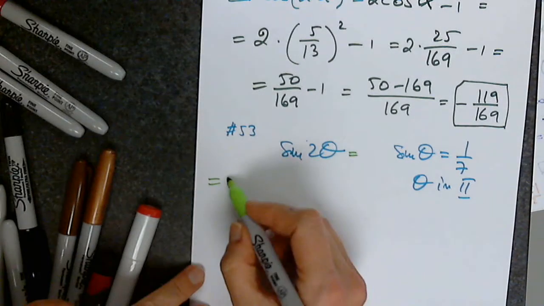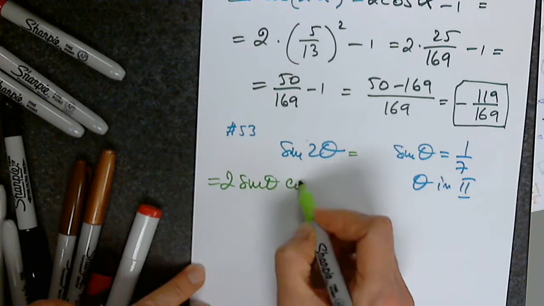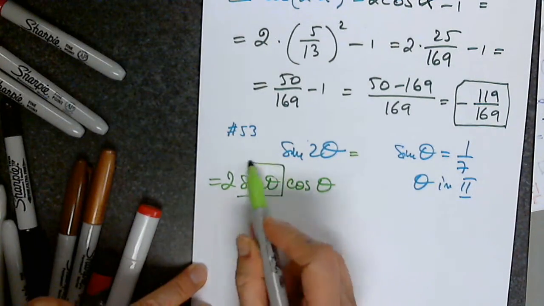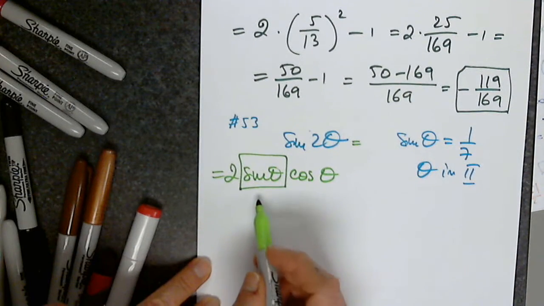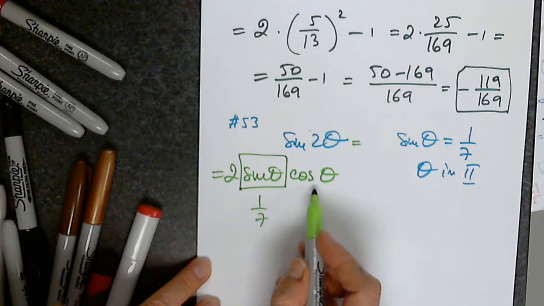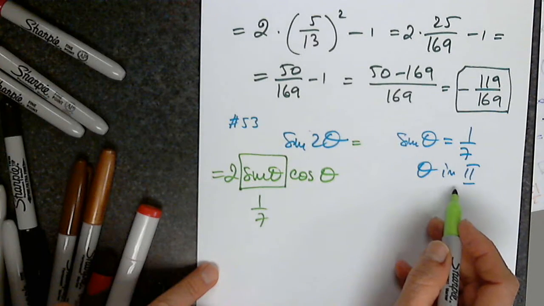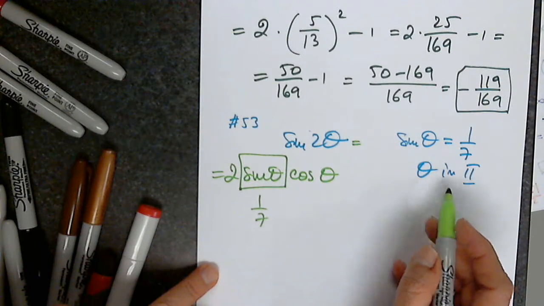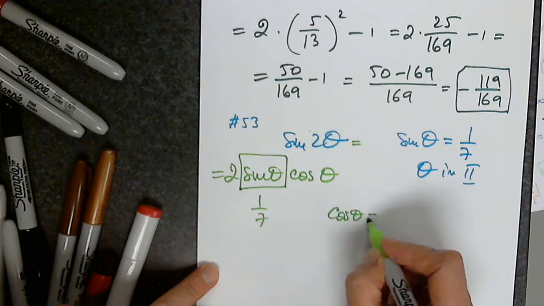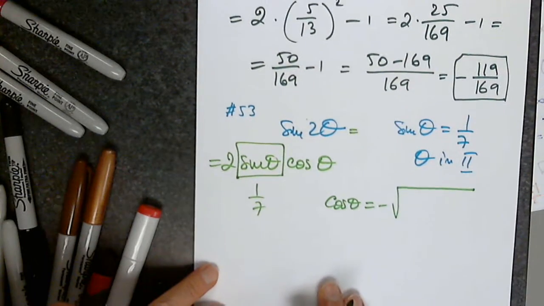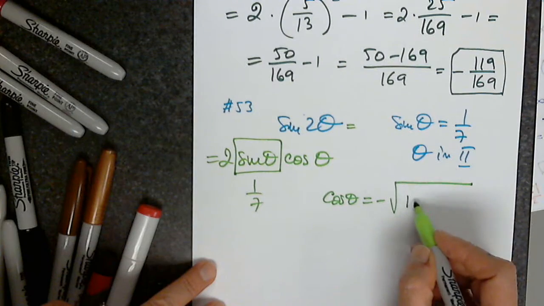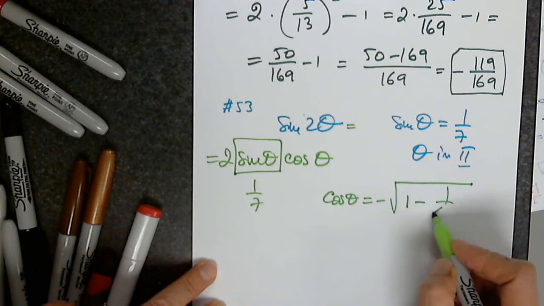Two sine theta, cosine theta. I already have this piece. How much? 1/7. Good. I have to determine this. What will be the sign of cosine in the second quadrant? Negative. So then I have cosine theta equals negative the square root of 1 minus 1/7 squared.